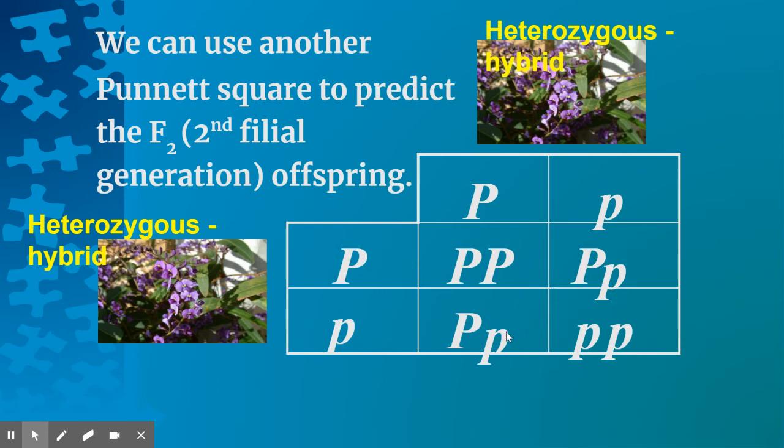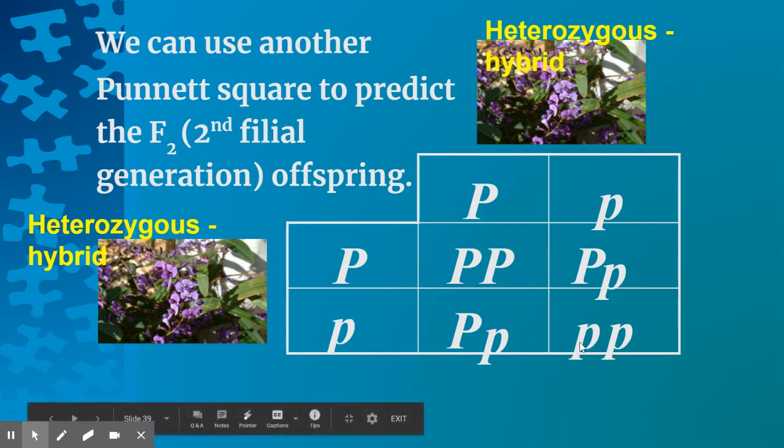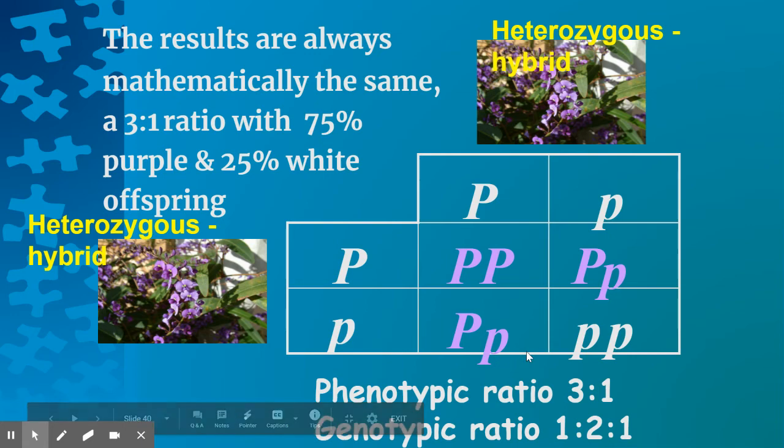Heterozygous dominant. And 1, homozygous recessive. So we would have a phenotypic ratio of 3 to 1. The phenotype is 3 purple, 1 white. A genotypic ratio of 1 to 2 to 1.